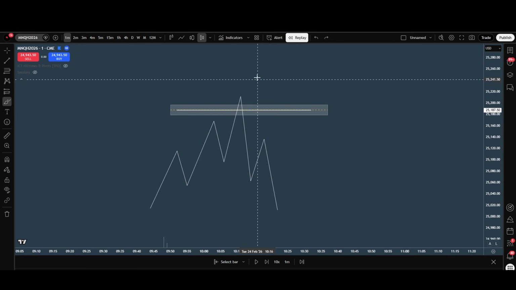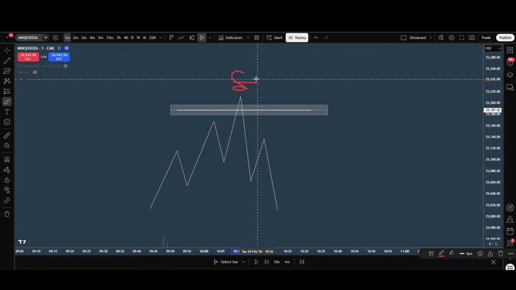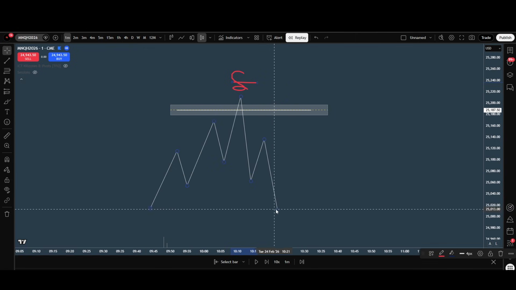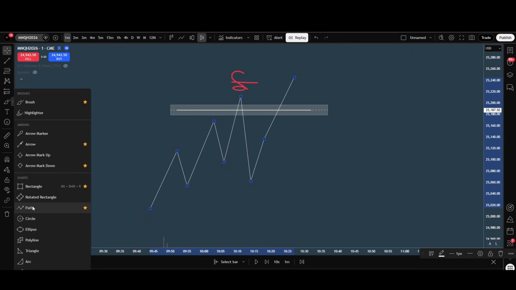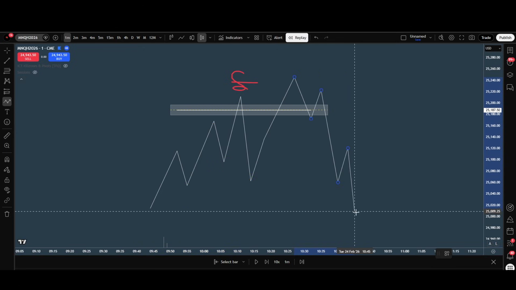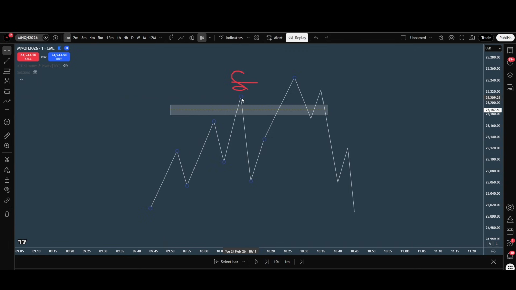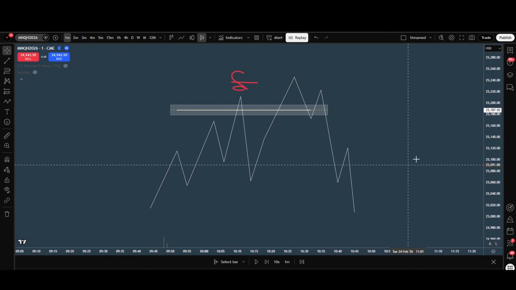Now, in general, we want to avoid that because now we have a very strong magnet above the key objective, and more often than not, price will come back, liquidate those early sellers, and you just don't want to be part of that move. Are there times when we may trade the first internal sweep? Yes, I would refrain from that if you really want to get your high win rate.